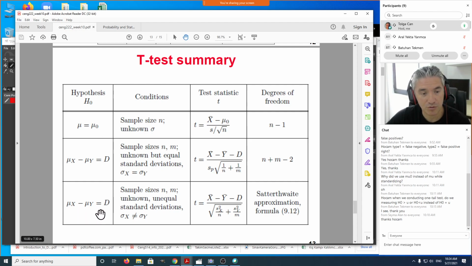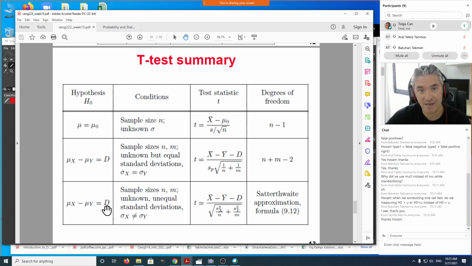Here, there are two cases: if we assume the standard deviations of the two populations are the same, our degree of freedom will be this. Or we assume unequal standard deviations. This is not assuming that the means are different. As you can see, the null hypothesis says that the difference between the means is equal to D.